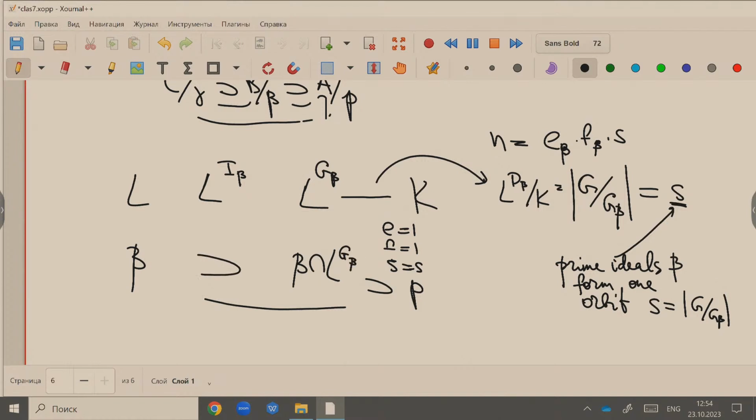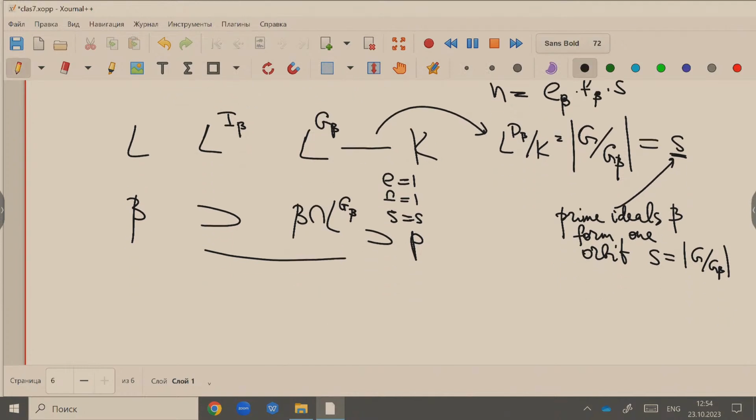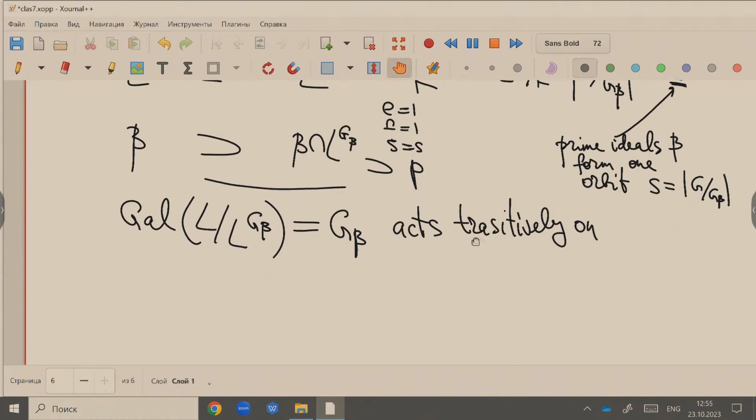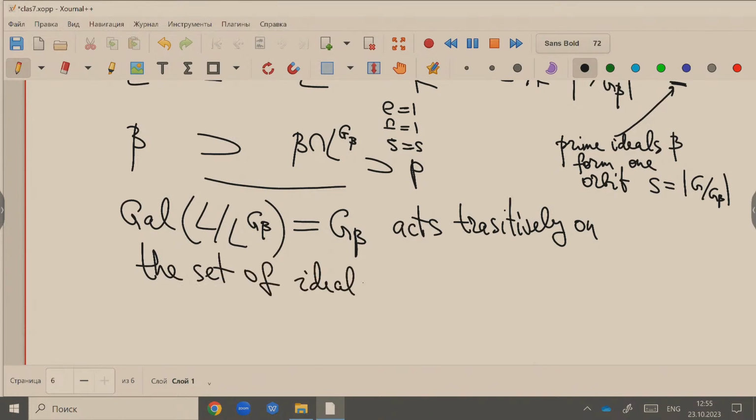By definition of G beta, you know that the Galois group of the extension L over L G beta, which is precisely G beta, acts transitively on the set of ideals beta i lying over beta intersection with L G beta.